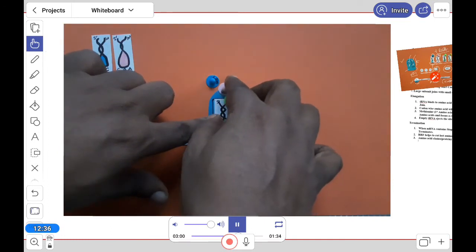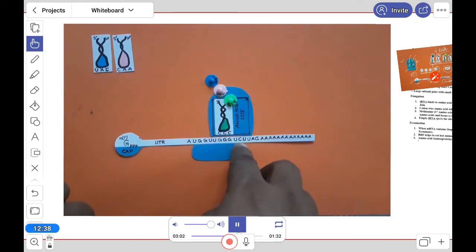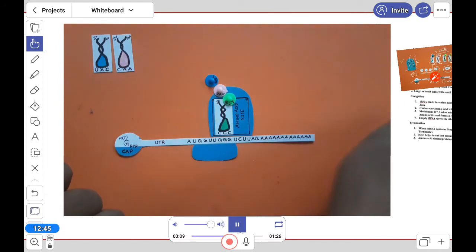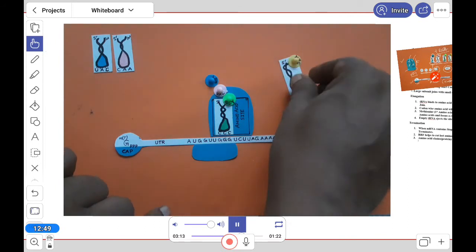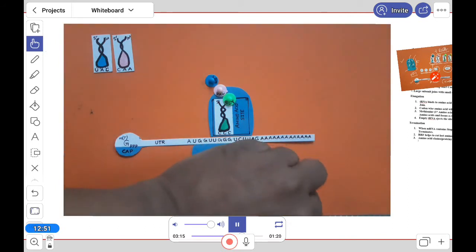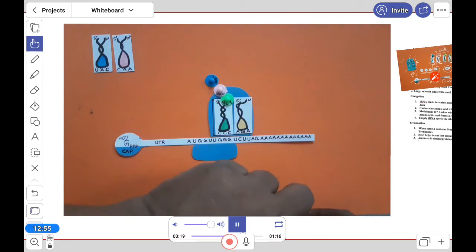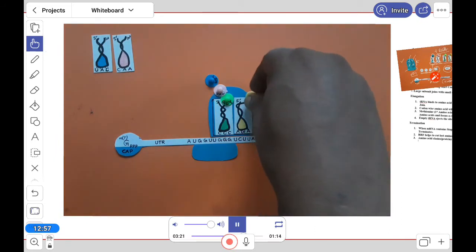Now this chain is 3: methionine, valine and glycine. Next UCA is the codon, and for that the tRNA will bring serine. And this is the tRNA with the anticodon and the serine.